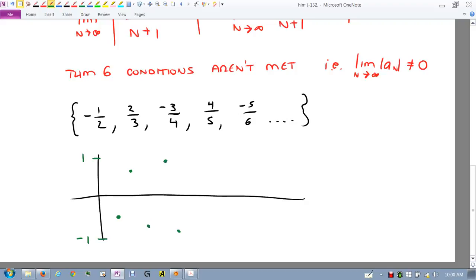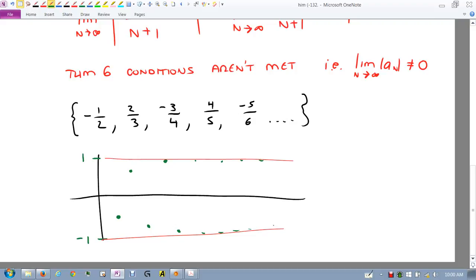So what's happening is that you actually have almost like two asymptotes, don't you? The top ones that are positive are getting closer and closer to that. The negative ones are getting closer and closer to that, -1. And so can you say that the sequence is headed to one number? No, you can't. It's headed to two different numbers, which means the limit does not exist.